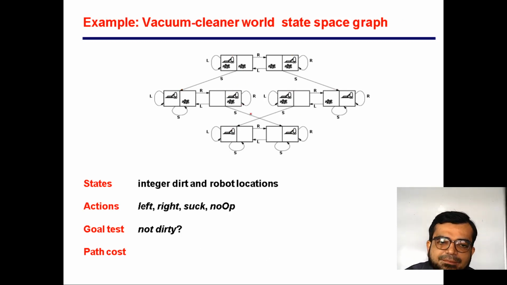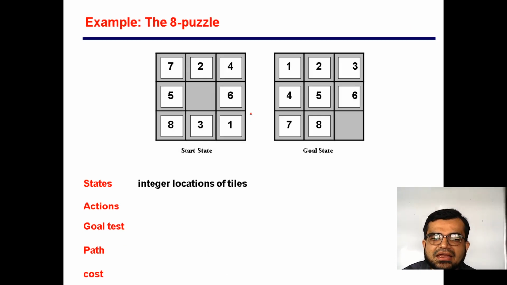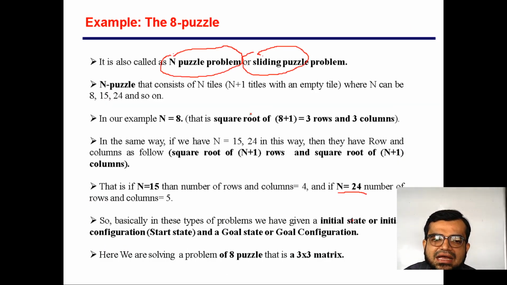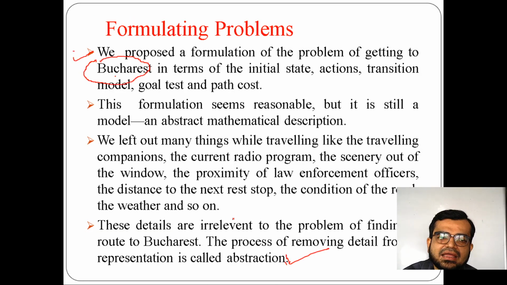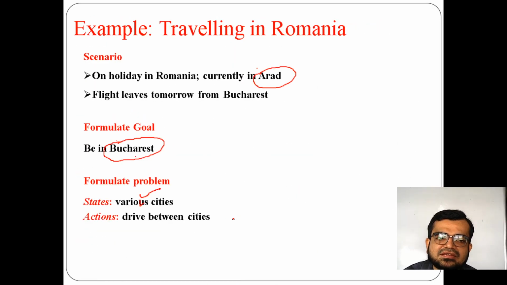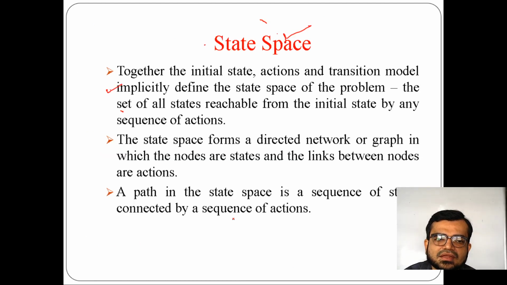I discussed in the previous class that there are two types of test, explicit or implicit. I also said that transitions implicitly define the state space.